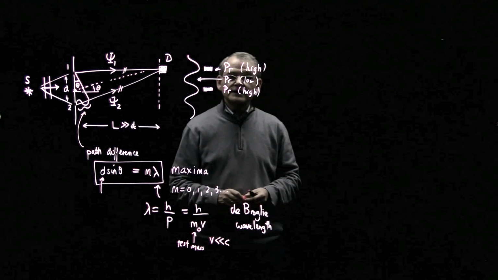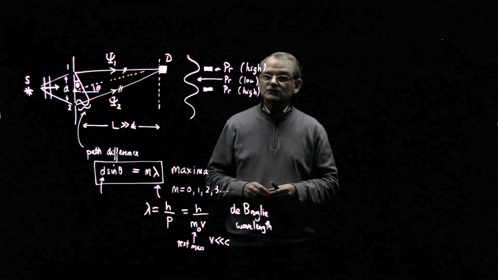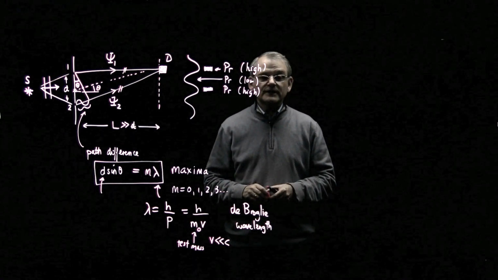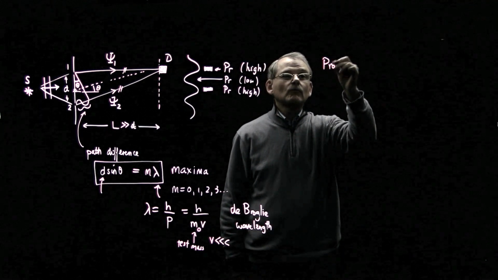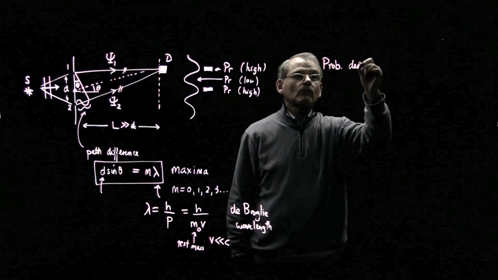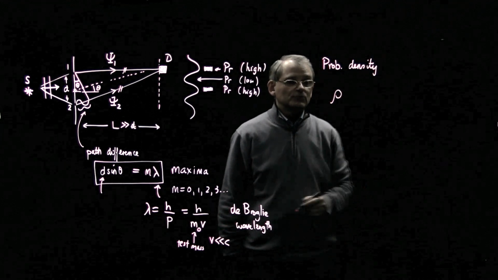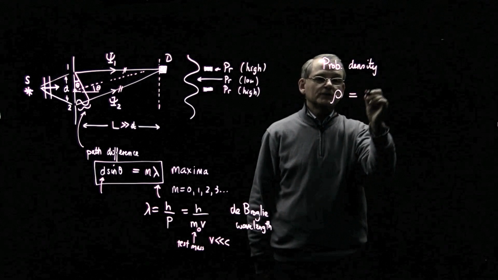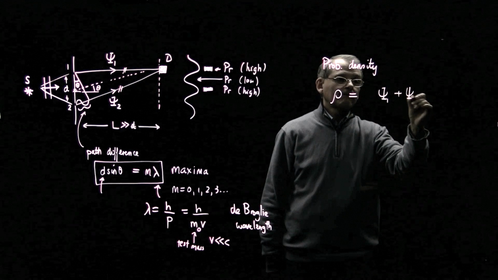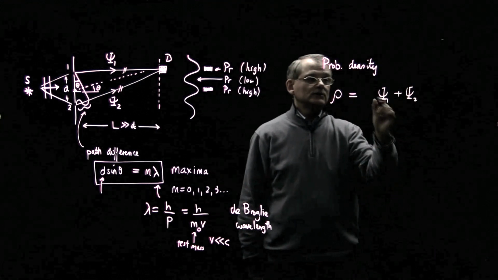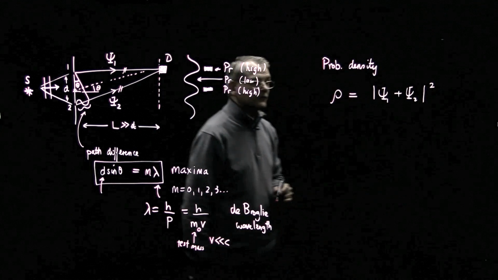What I want to do in the next video is to rederive this result using a much more sophisticated approach by considering the probability density, which is given the symbol rho. I will compute this by taking the 2 wave functions, adding them, and then computing the square of the magnitude.